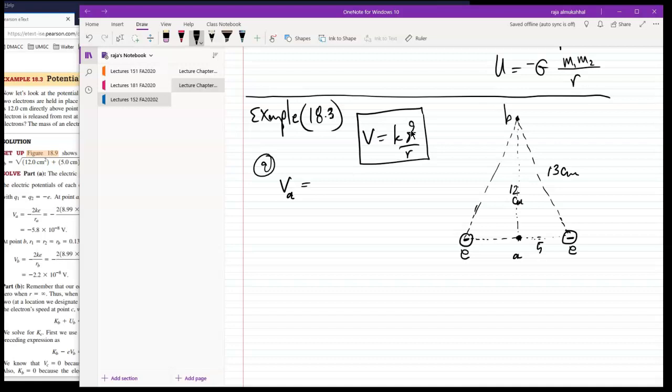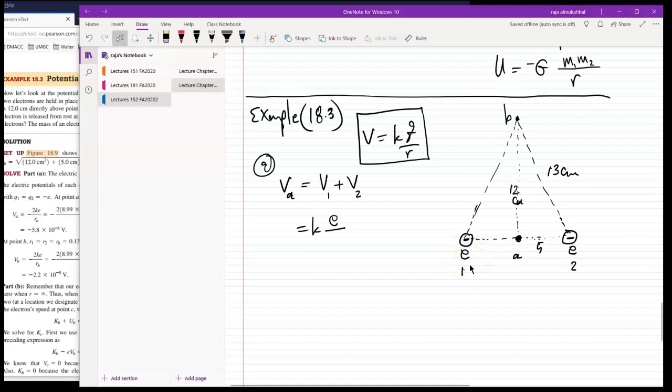If I call this electron 1 and electron 2, the potential at A is equal to the potential due to 1 plus the potential due to 2. So that's going to be ke over R1, this is V1, the potential at this point due to electron 1.